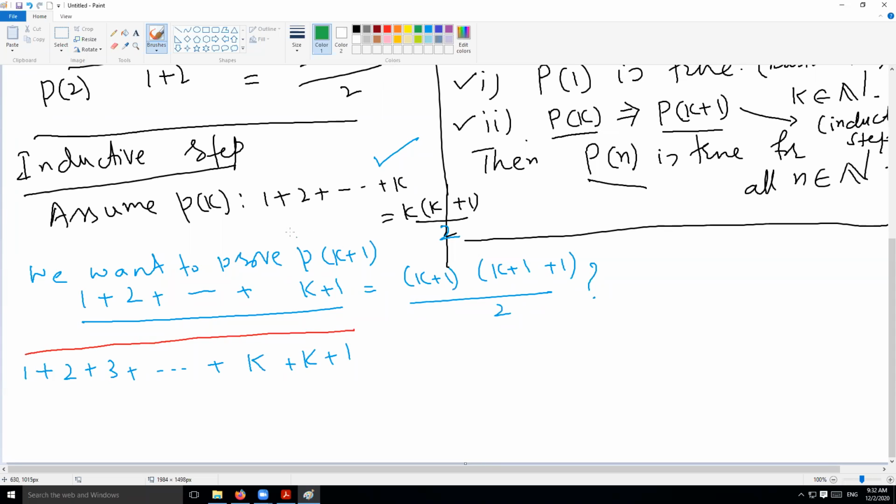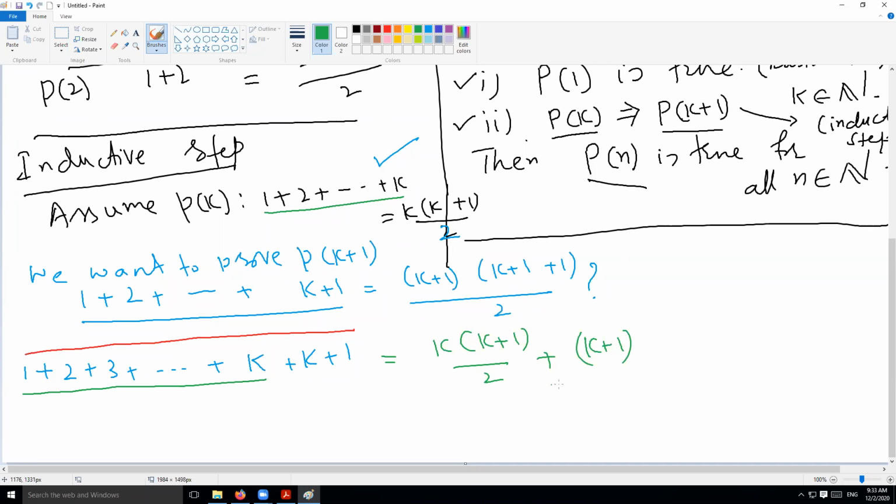But by assumption, I know that the sum 1 to k is equal to k times k plus 1 over 2. In other words, I don't know this entire sum, but I know this part of the sum by assumption. So this green part is equal to k times k plus 1 over 2. And the last term is k plus 1.